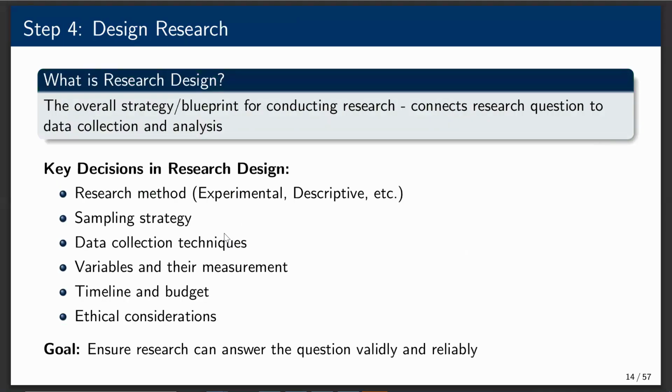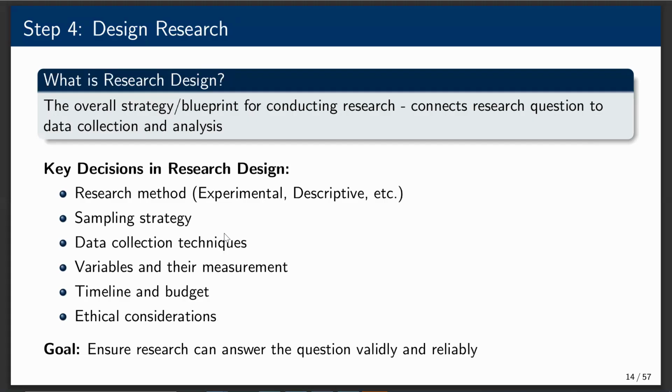Now step number 4, to design research. Then the question is, what is a research design? The overall strategy or blueprint for conducting research, which connects the research question to data collection and analysis. Already we know some basics of research design. In research design, you should have a clear research method, which might be experimental or descriptive, and a clear sampling strategy.